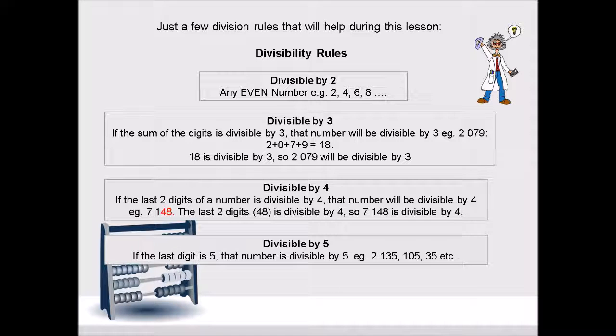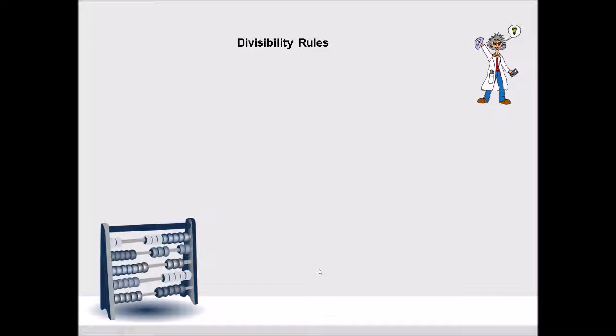The rule for 5, if the last digit of a number is a 5, example 2135, 105, 35, that number can be divided by 5.